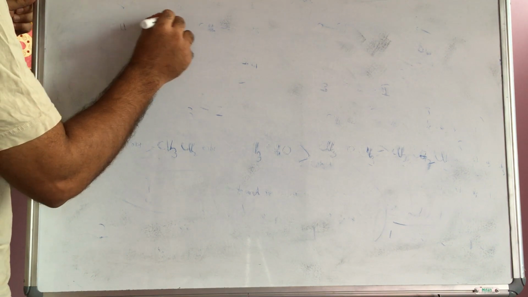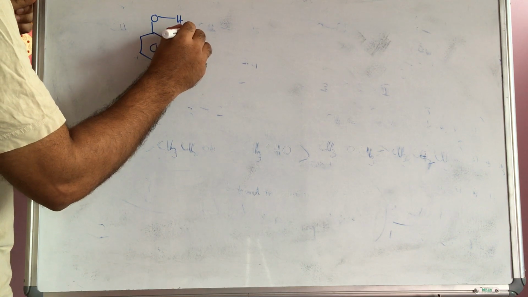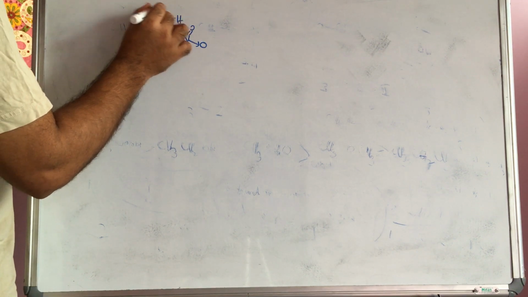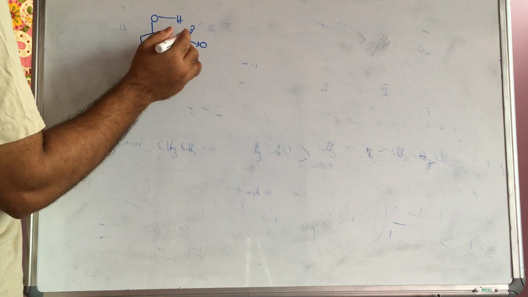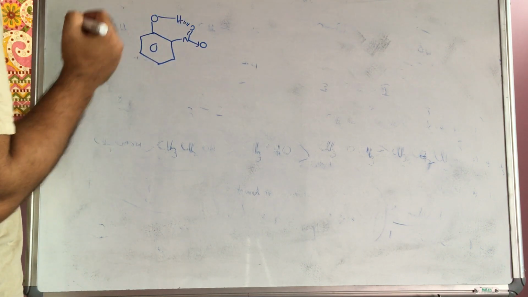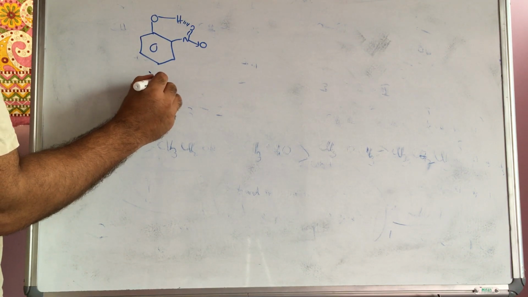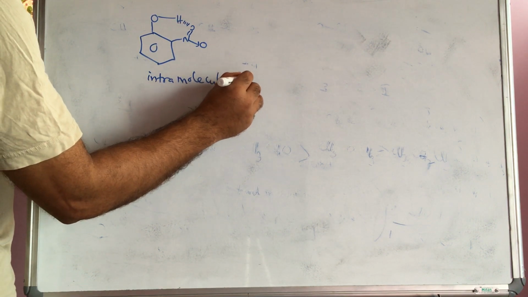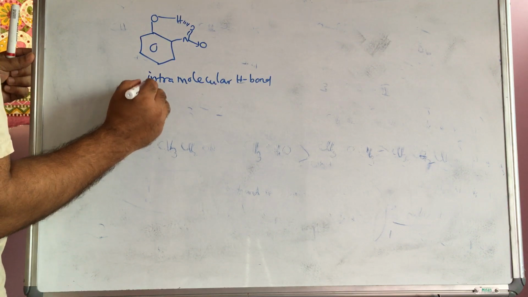This is OH and N double bond O, like this. The NO2 is at the ortho position with respect to OH. Then in between, a hydrogen bond exists. This is called intramolecular hydrogen bond.